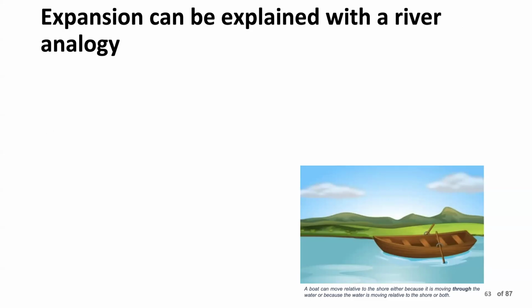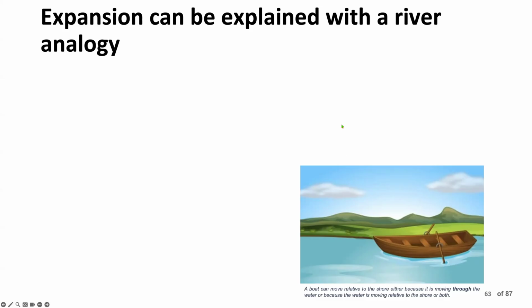Now let's talk about how we interpret expansion. If you're standing on a shore and a boat goes by you, you have a couple of different ways to interpret why the boat is moving past you. One is that the water is moving, that it's being carried along in the water. And another is that it has some kind of propulsion, that somebody's rowing the boat, or it could be a combination of the two.